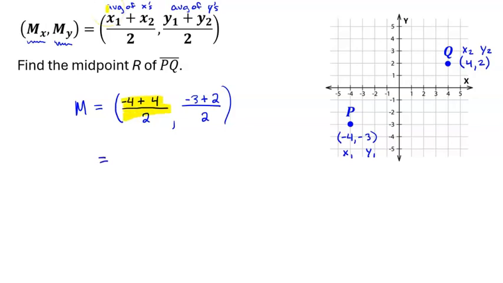So I'm going to look at this one first. And so you can put parentheses around it just like you did before, and go ahead and type that into your calculator. And we end up getting 0 divided by 2, which is just going to be 0. And then you're going to go ahead and plug in this second one. Don't forget to put those parentheses at the top when you go to put it in your calculator.